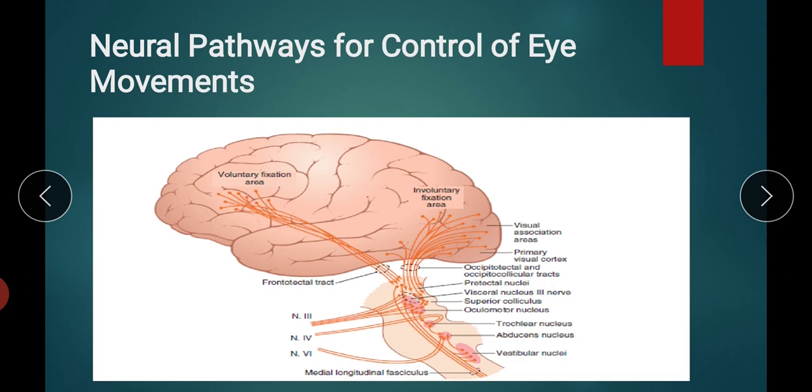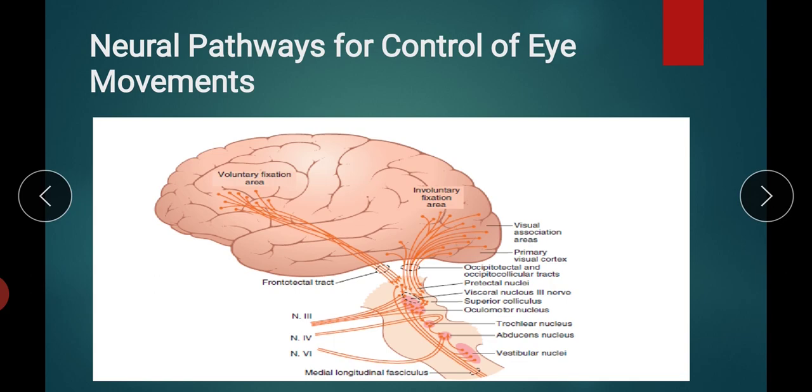Most of the time, to locate any image in the visual field, we use voluntary control, and once it is located, it remains locked with this involuntary fixation.